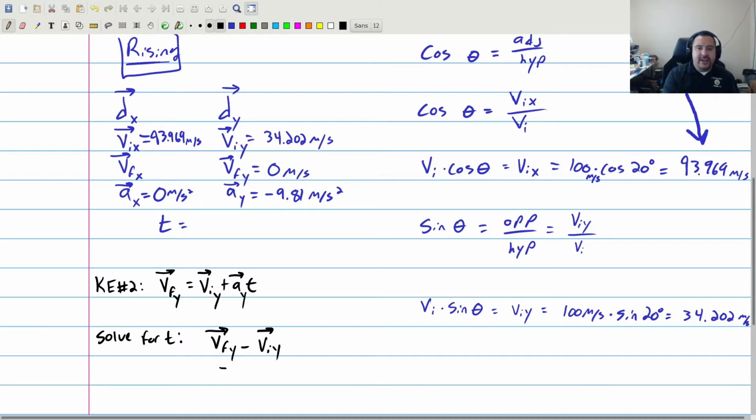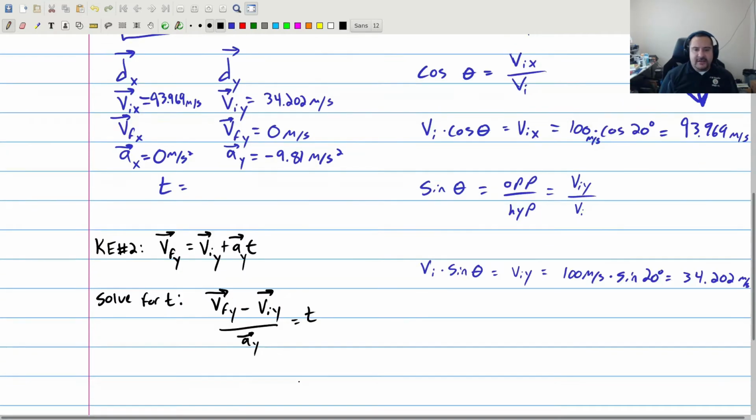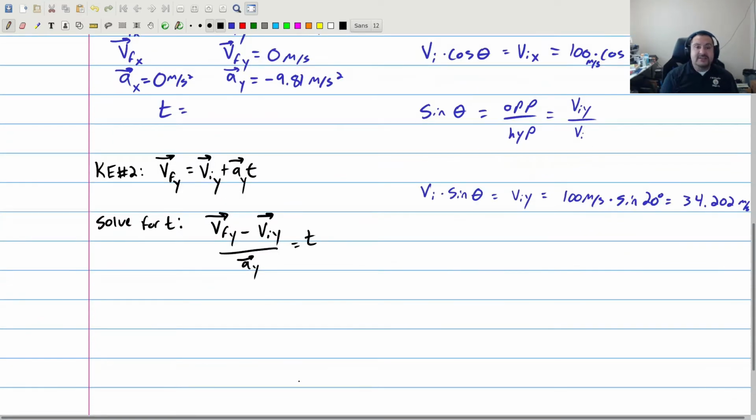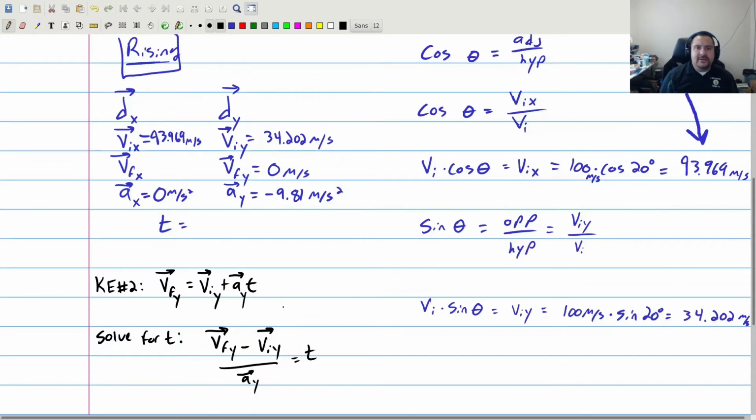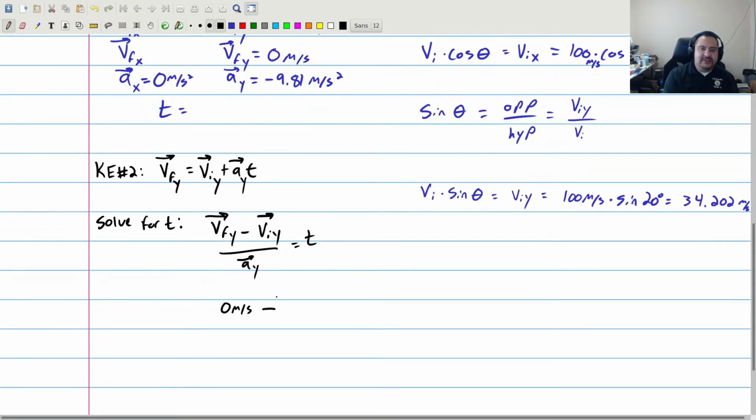Then I'm going to divide by ay, which is a vector as well, and that will give me t. All right, so now all I need to do is plug in the numbers. V final y is 0 meters per second minus v initial y, which is, what was it, 34.202 meters per second.